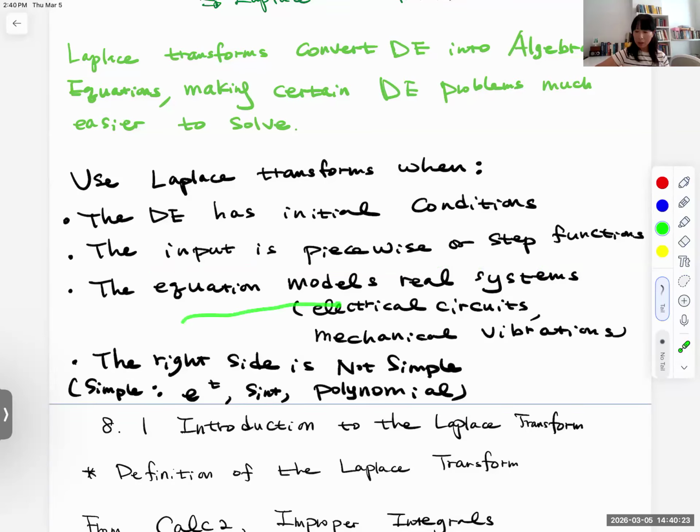Also when the equation models real systems like electrical circuits and mechanical vibrations, like in physics. And the right side is not simple. What is simple? Simple is what we learned: e to the t, sine t, cosine t, or polynomials. Make sense? Okay, so let us do 8.1.